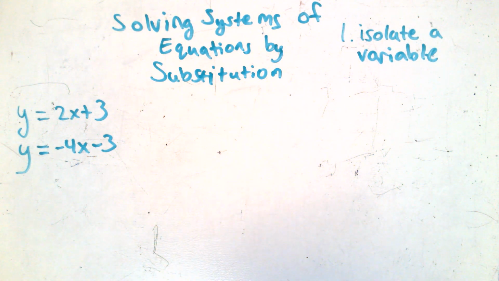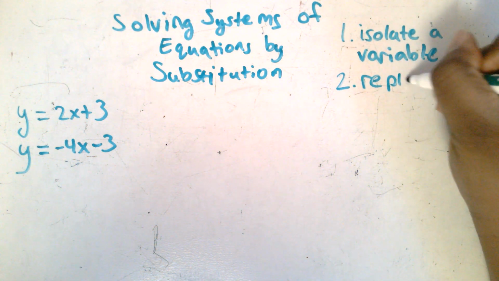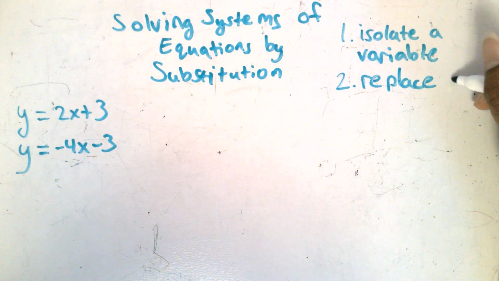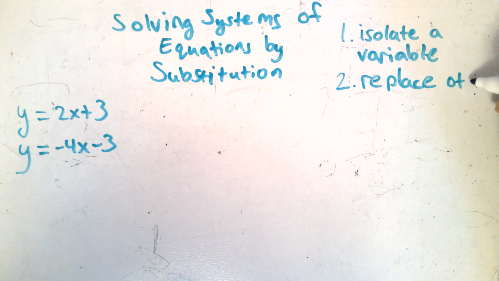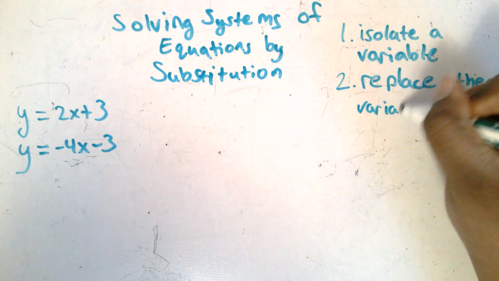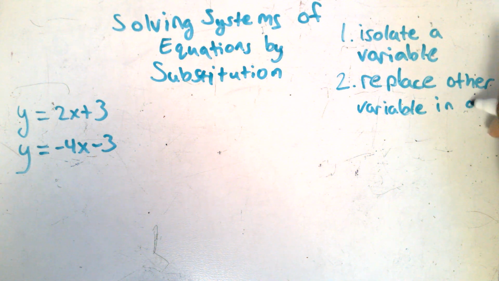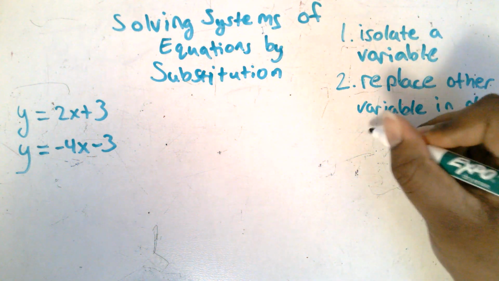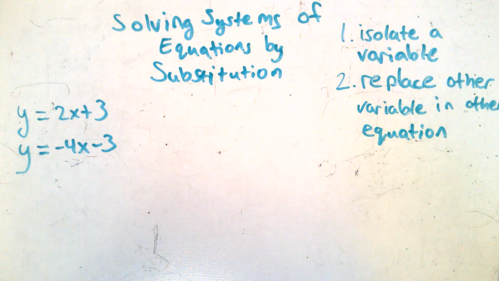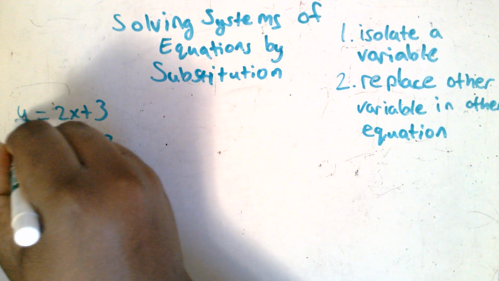And what you're going to do is replace the variable in the other equation with what the variable is equal to. So for instance, this y over here is isolated by itself.